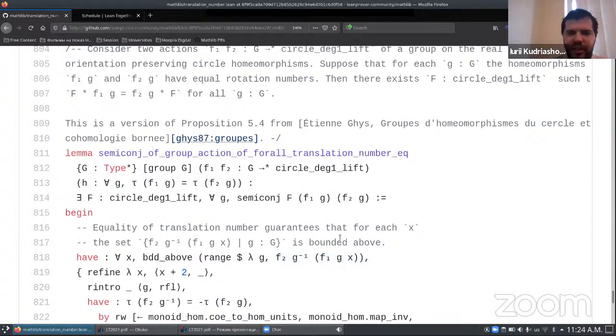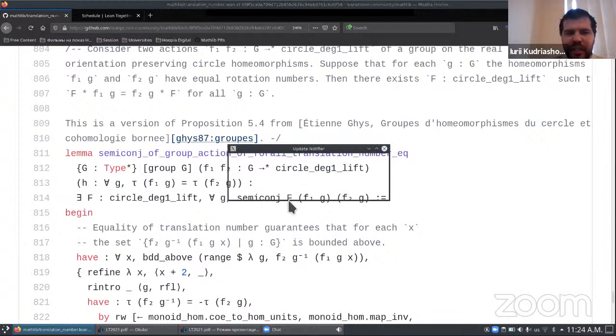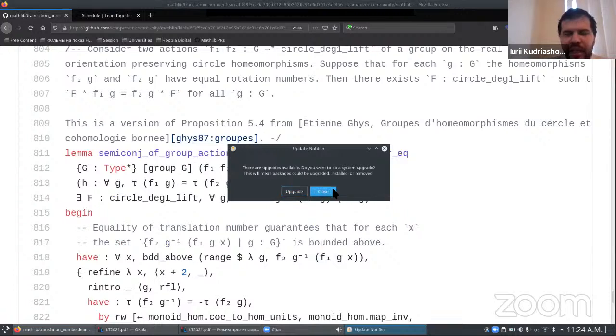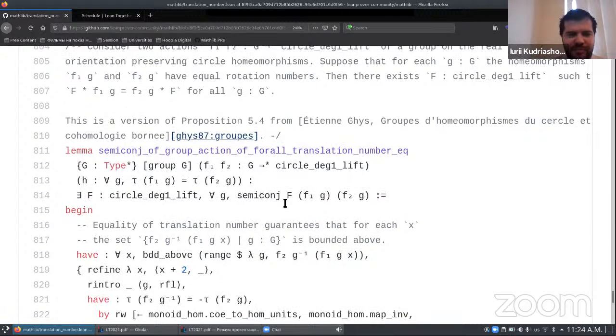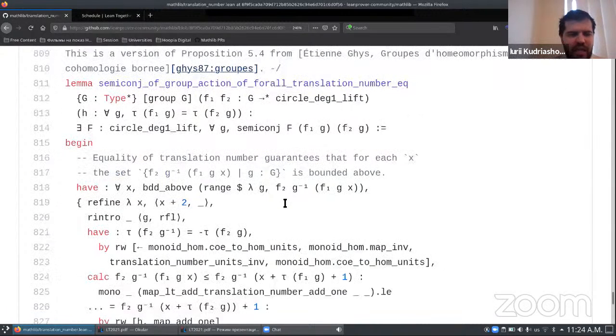And this will be a circle degree 1 self map, and it will semi-conjugate one action to another. Okay.